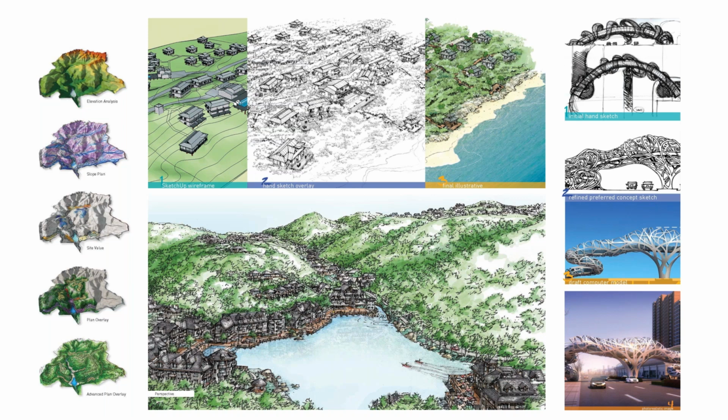And even the sketch informs this in the beginning, where we're bubble diagramming all the different planning moves that we would make here on the site. And then in the upper portion of this image, you can see a wireframe that we hand sketched over, and we actually created an illustrative from that wireframe.